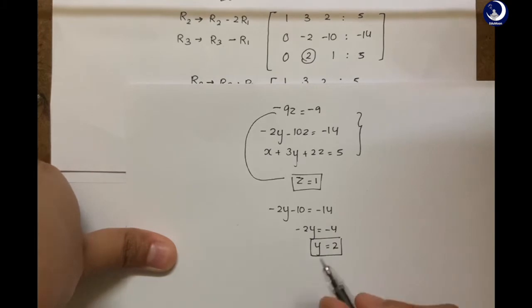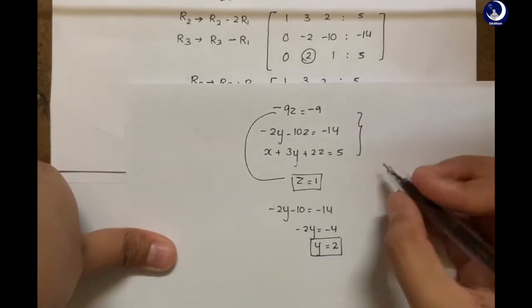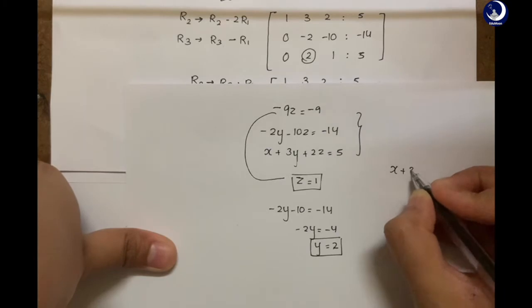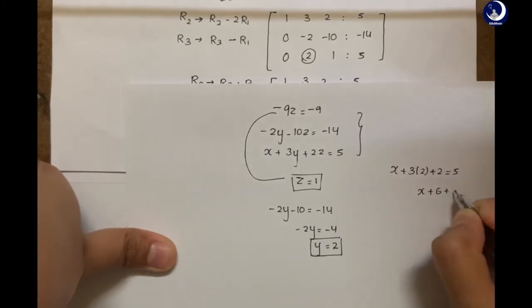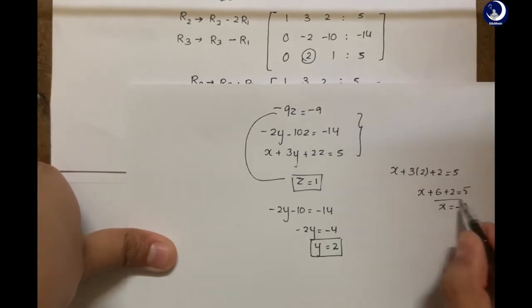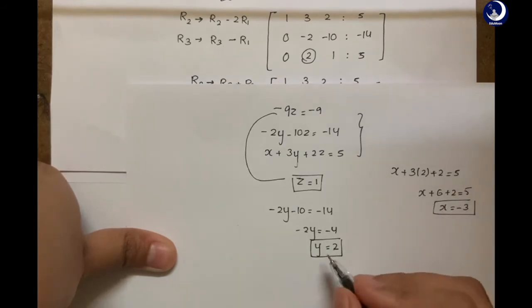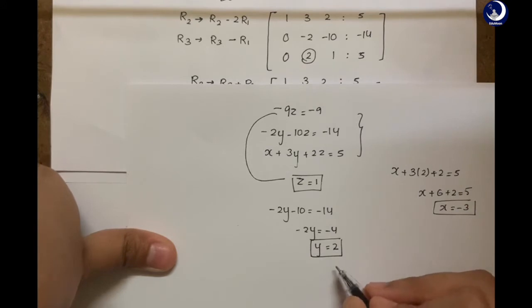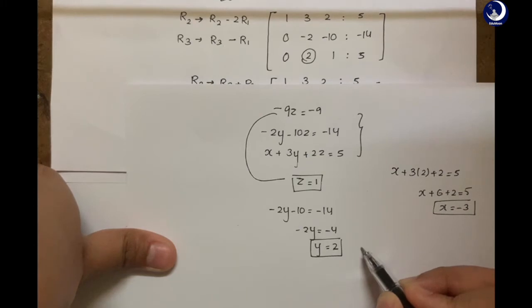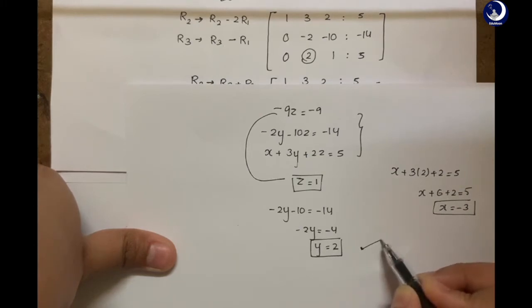Let's substitute these values into equation number 3. x equal to minus 3. So, the solution for this system of equations is x equal to minus 3, y equal to 2, and z equal to 1. We can verify these values by substituting in the given equations. If the values satisfy the equations, then our solution is a correct solution.